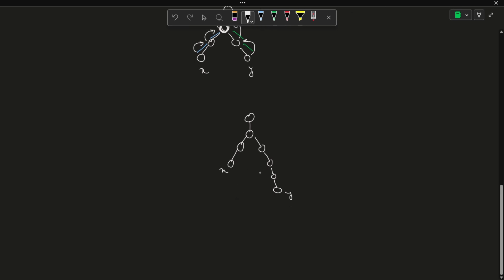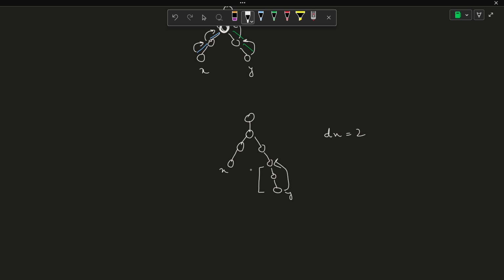So what we generally do is we find the difference between the depths of these two nodes x and y. Here you can see that the difference between the depths is dx, that is 2. My first task is to make both of them at the same level. So I can bring y to the same level as x.